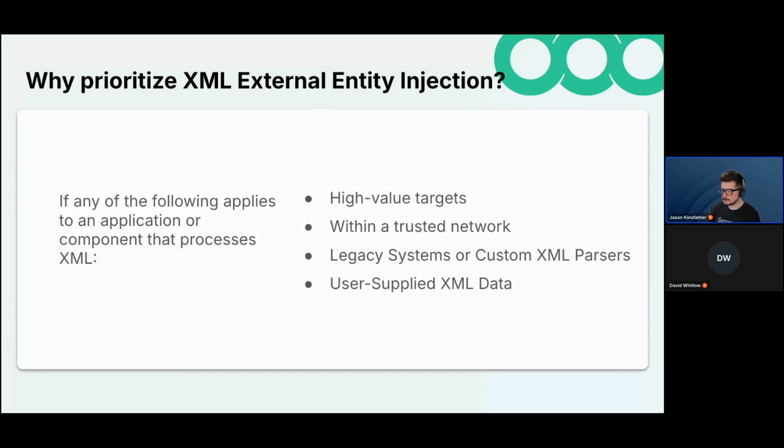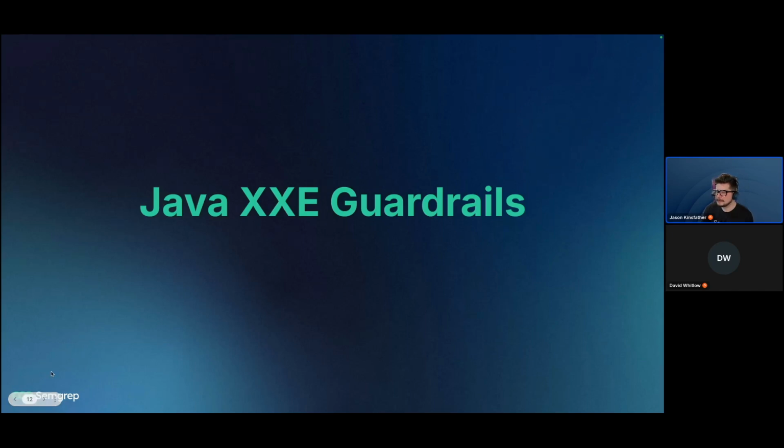Also, maybe you have legacy systems with custom XML parsers that really haven't seen the light of day of development in a while? Or you just still exist in an environment where there's a whole bunch of user supplied XML data that's coming back and forth. So those could be some good reasons. Here Riley works for Capital Gains Group, and so they're going to choose to prioritize external entity injection.